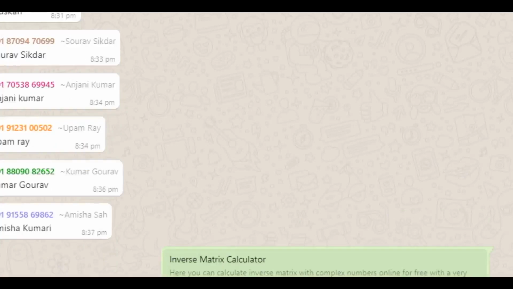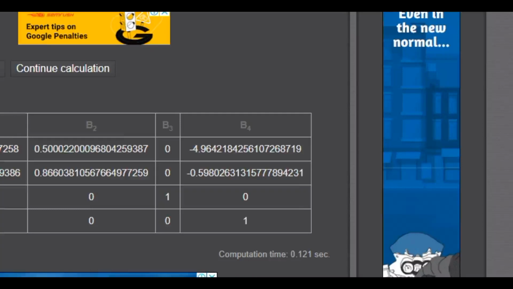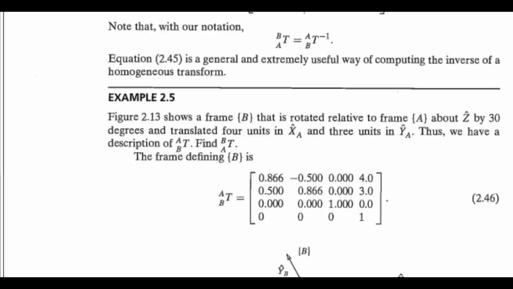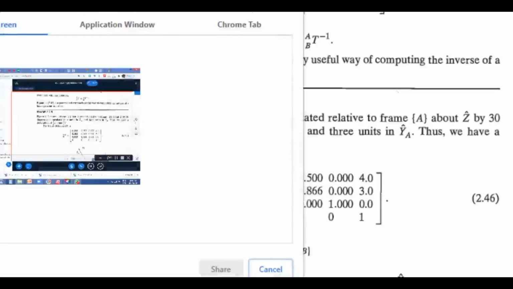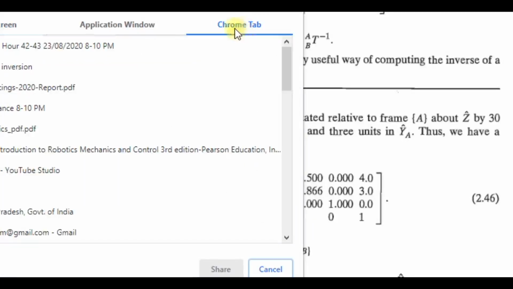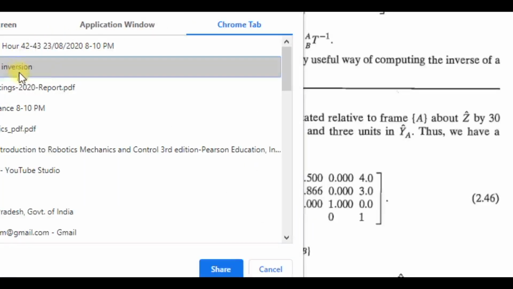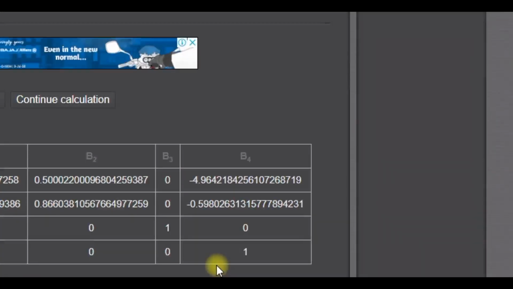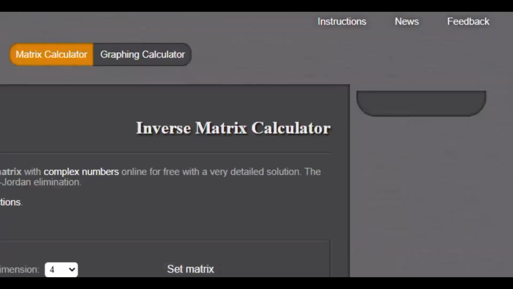Okay, I also share the screen here. Hope my screen is visible to you.